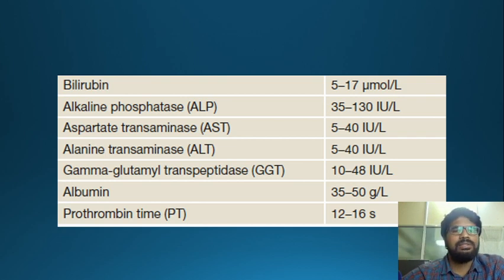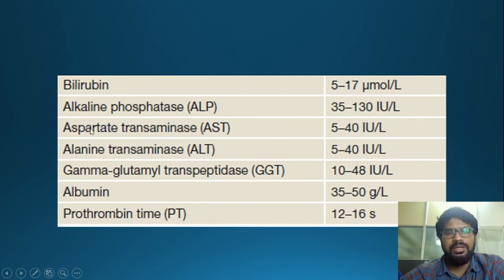This alkaline phosphatase is increased in cholestatic liver diseases, or whenever there is any biliary obstruction, whenever there is obstruction to the flow of the bile. And the aspartate transaminase and the alanine transaminase indicate hepatocellular injury.